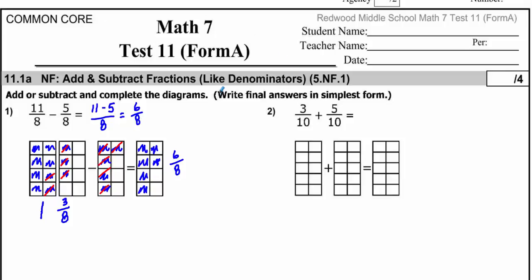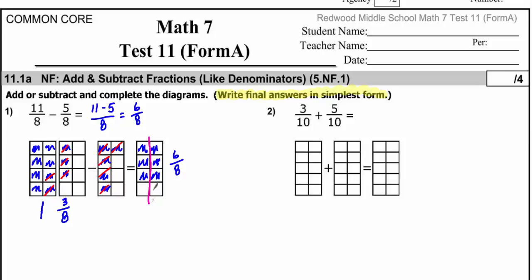They tell us in the instructions, write your answer in simplest form. And if you don't do that, you don't get full credit. So how can we visualize that simplest form? Well, the easiest way that I have found to visualize it is if it can be lined up in 2 columns and each column has the same number of items, then you know, I'm going to draw a line right there, then you know that you can simplify this.